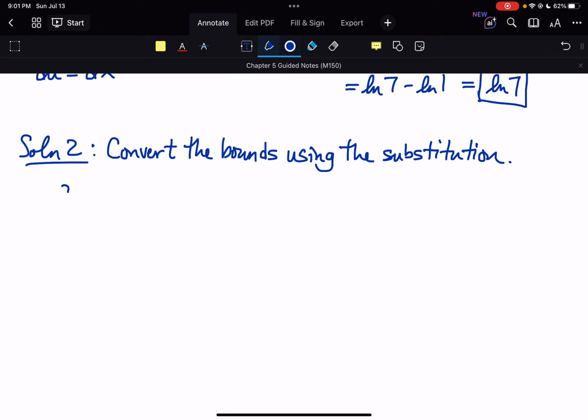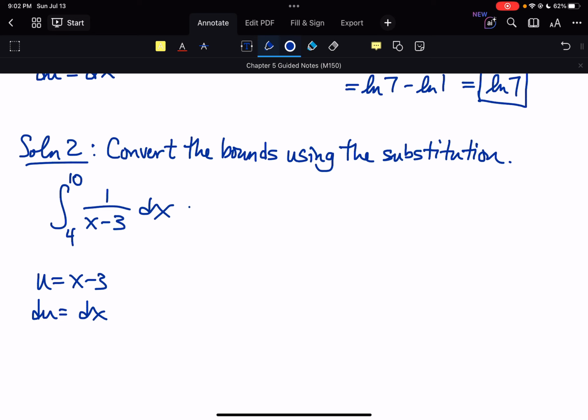So if we set this up, so integral from 4 to 10 of 1 over x minus 3 dx. So the substitution is the same. There's nothing new there. So we get integral of 1 over u du. But this time, we're going to also convert the 4 and the 10 into u values.